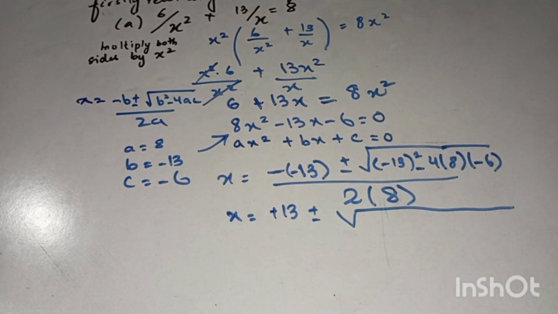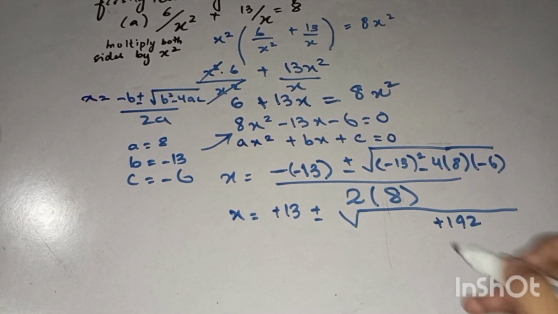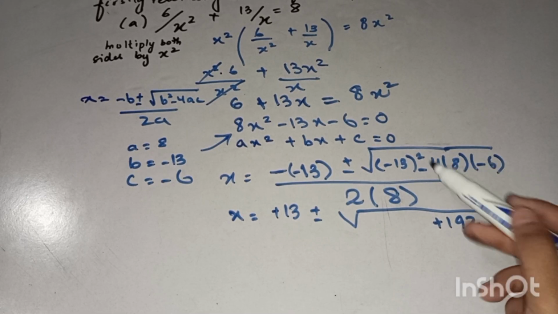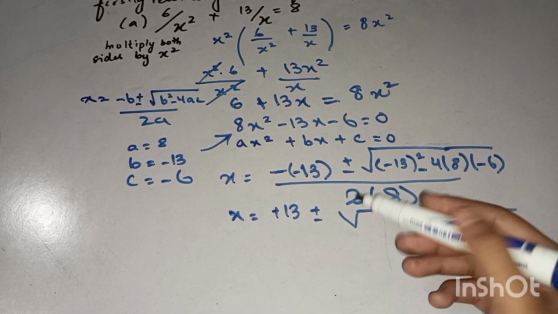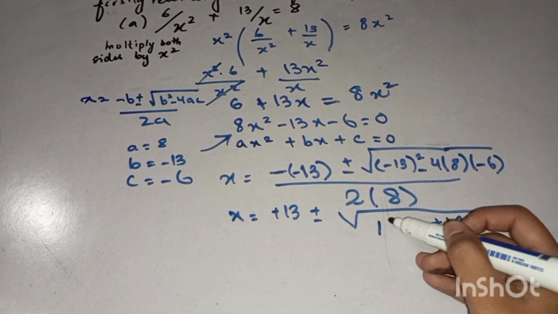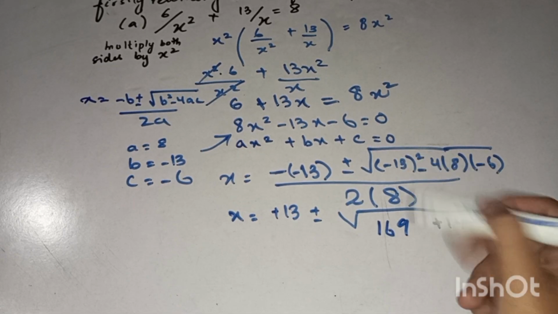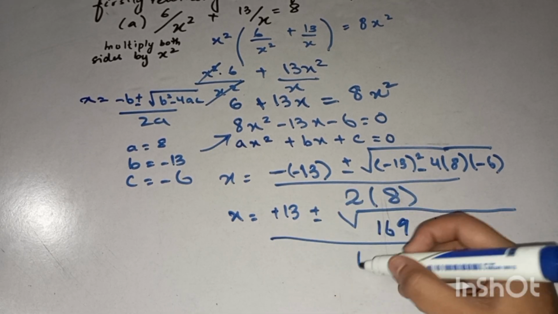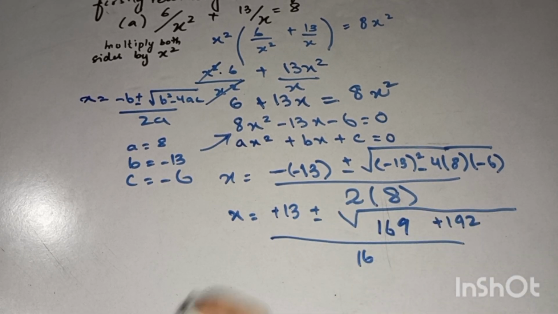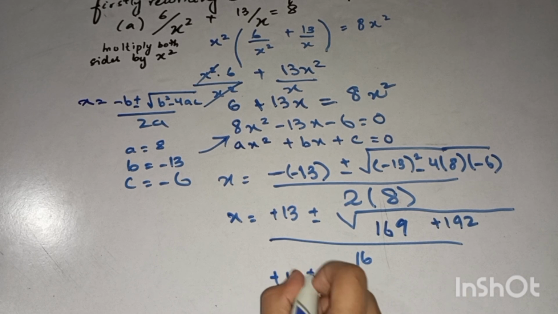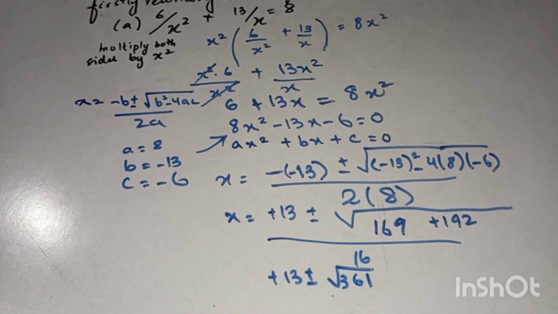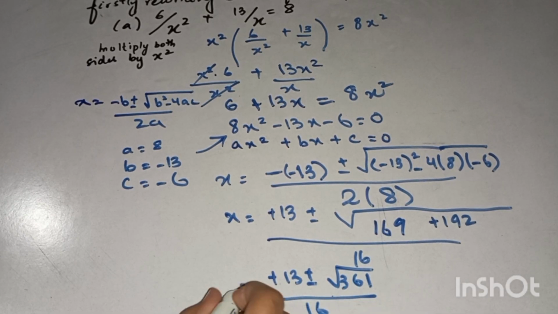Minus 4 into 8 will be 32. 32 into minus 6 will be minus 192. So minus minus plus, so plus 192 here. And 13 square is 169, and minus 13 square is plus. So 169 plus 192 will be 361. So plus 13 plus minus under root 361 over 16 equals x.